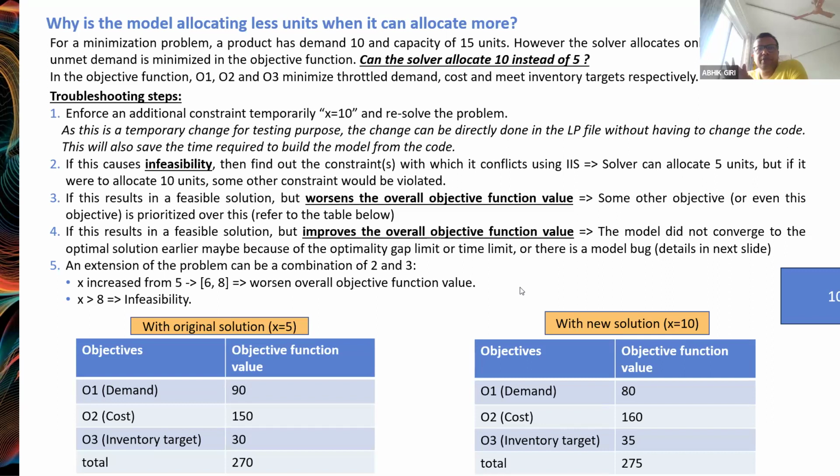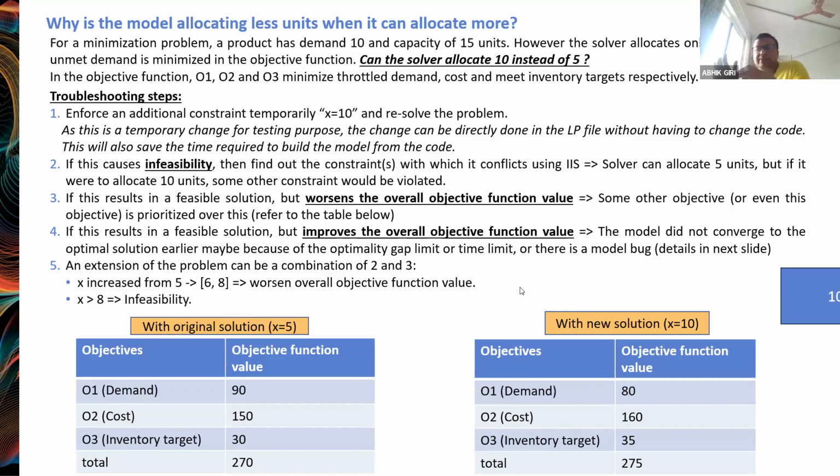To check this, the first thing you will do is ensure that the problem would not become infeasible if this variable were allocated a value of 10. Let's say the variable is called x. You put an additional constraint in the LP file, x equal to 10, and resolve the problem.